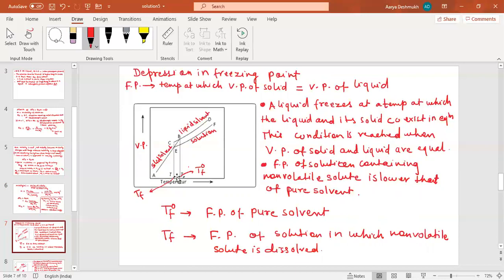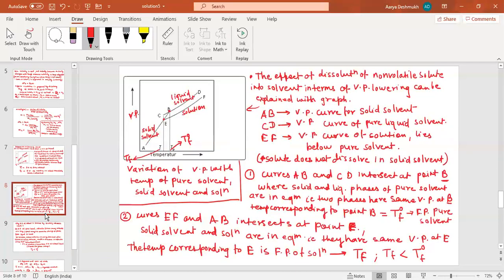Means when you add a non-electrolyte solute into the pure solvent, there will be depression in the freezing point of the solution. You can see from here that T0F has the greater value and TF has the lower value. Now, let us proceed to the next slide. We'll see it one by one.